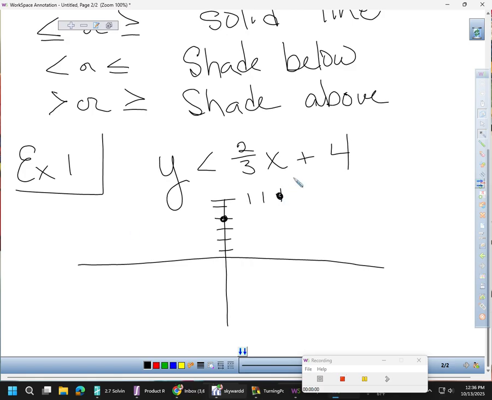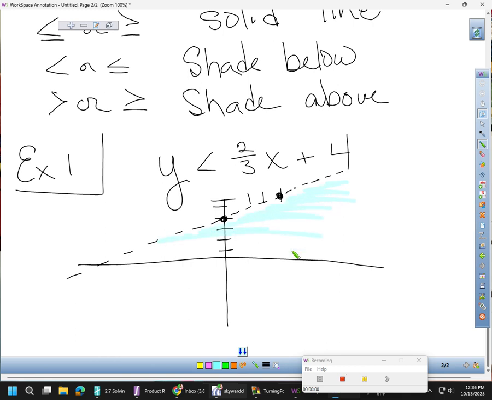Now, because this is less than, it is going to be a dotted or a dashed line. Because it is less than, you are actually going to shade below that dashed line. So you're just going to shade right underneath it.